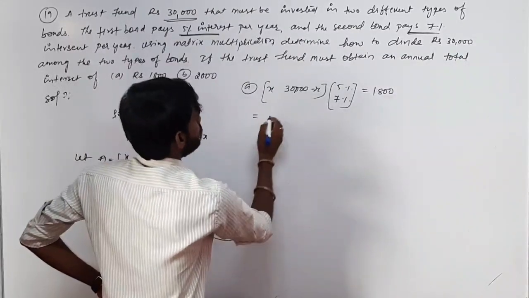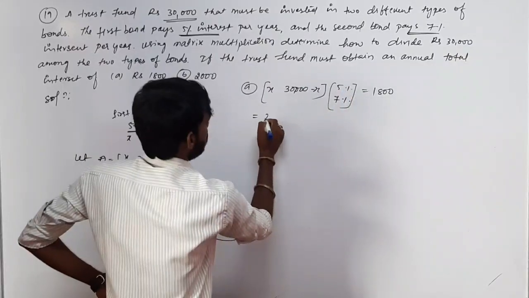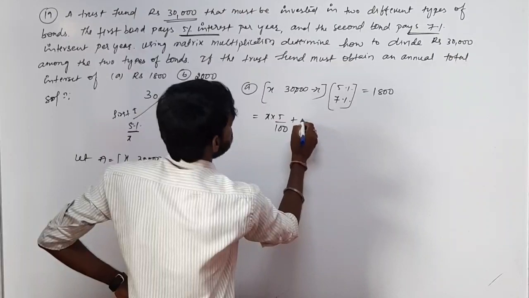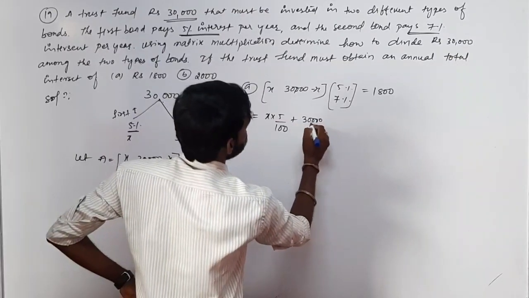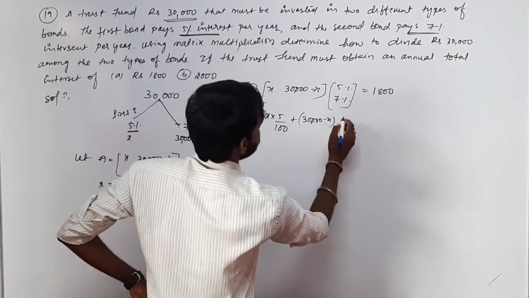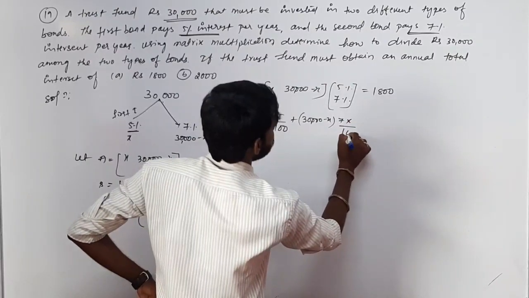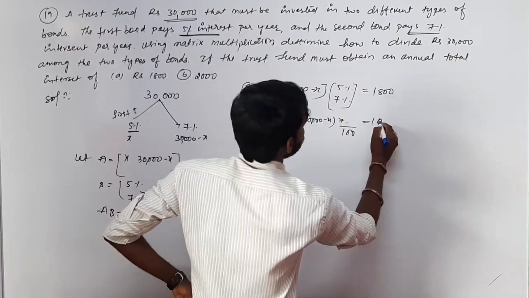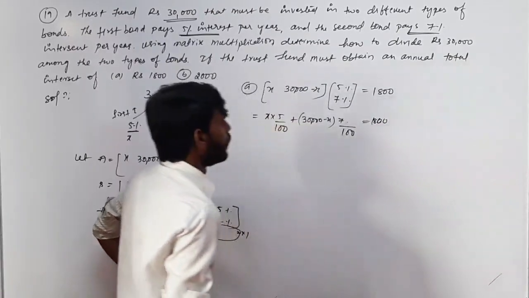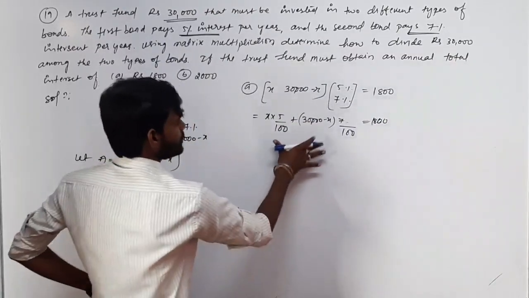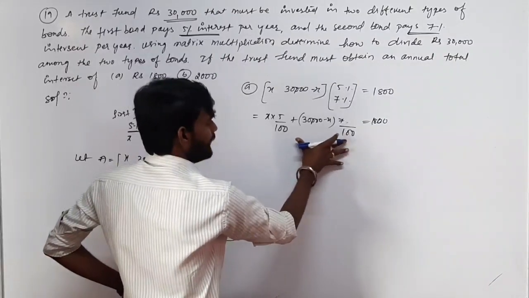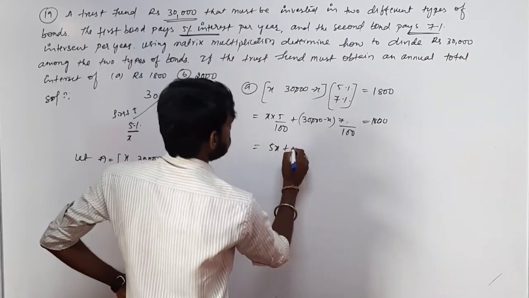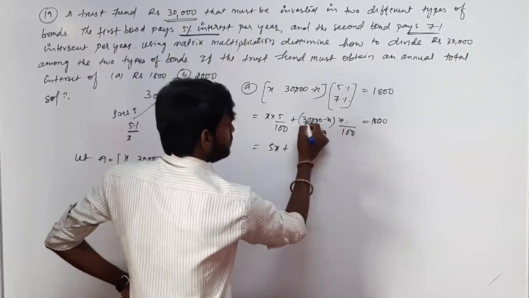So this equals X into 5 divided by 100 plus 30,000 minus X into 7 divided by 100, equal to 1800. Now the denominator is the same in these two terms.